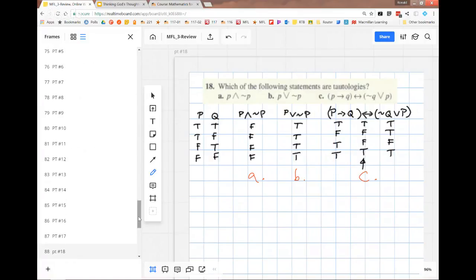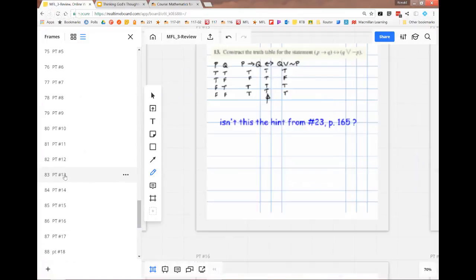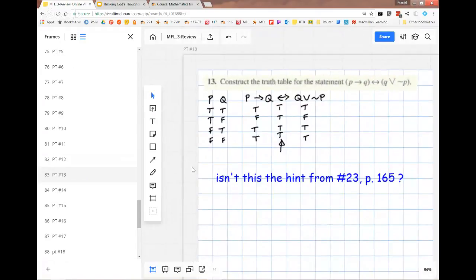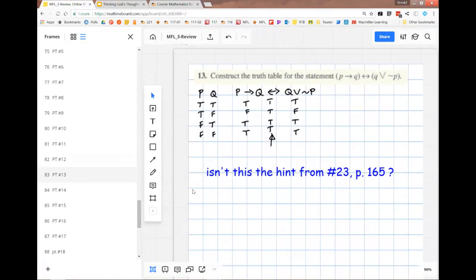Okay, so let's say I don't have a multiple choice one, but I have a truth table question, maybe number 13 here. What would be a suitable extra credit for that problem? I think I would just say, here's what I'd write. First of all, there are only 2 letters, therefore I needed 4 rows.